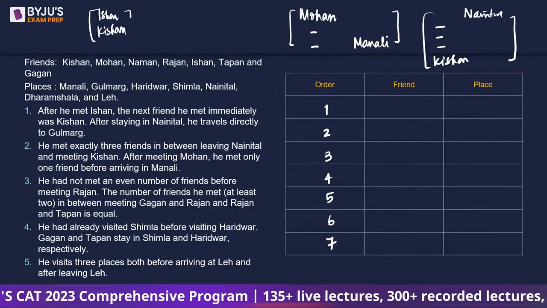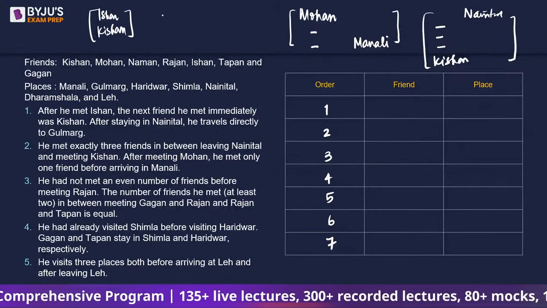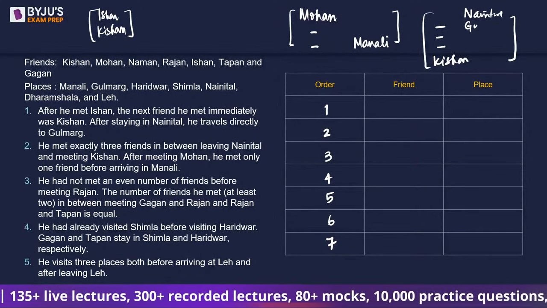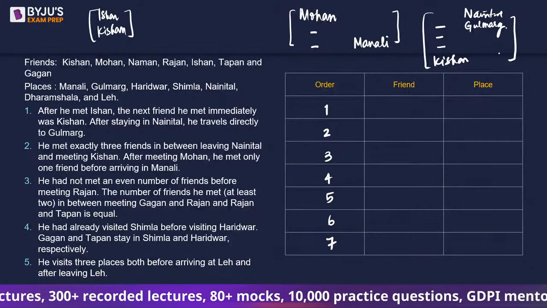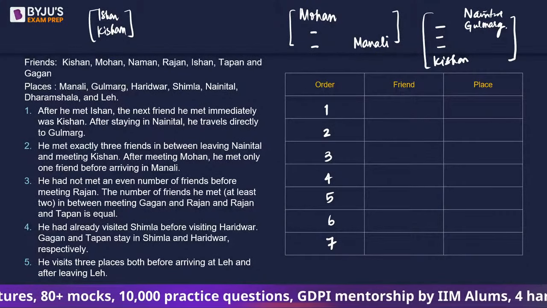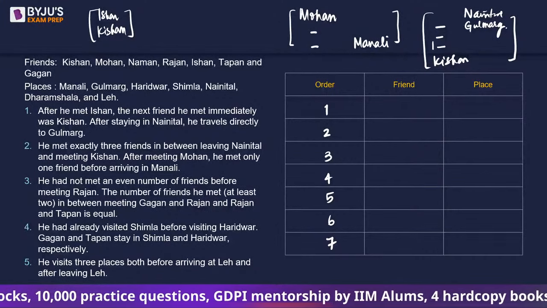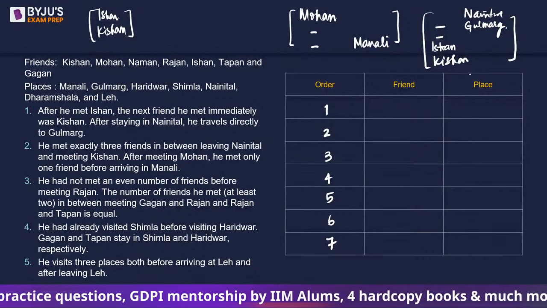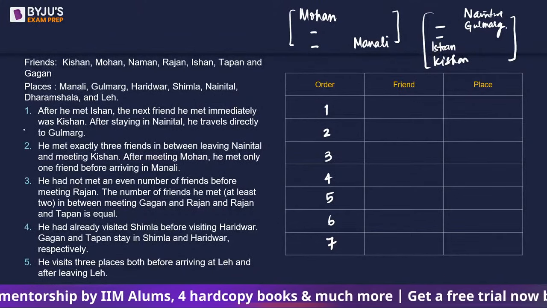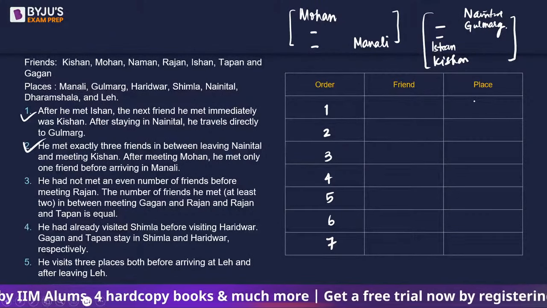So this is fixed. After staying in Nainital, he directly travels to Gulmarg. So we know this. So we don't have to write on one case, we will write it right here. So if this is Kishan, the previous one is going to be Ishan. So we club this along with it as well. So the first and second statement when clubbed, they should look like this.